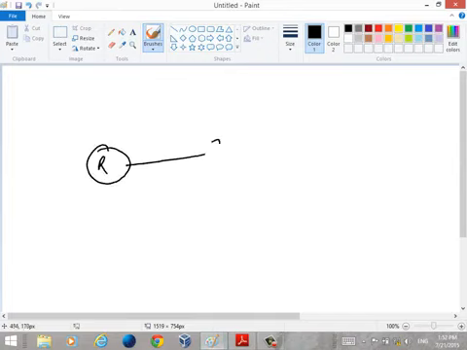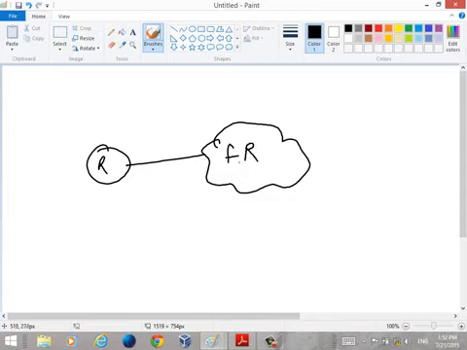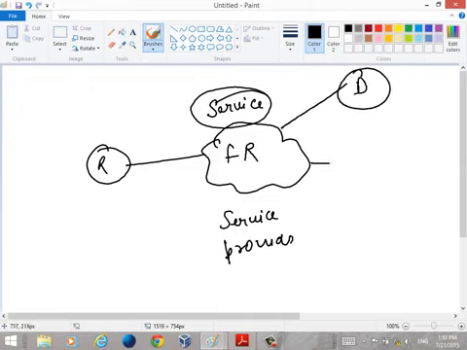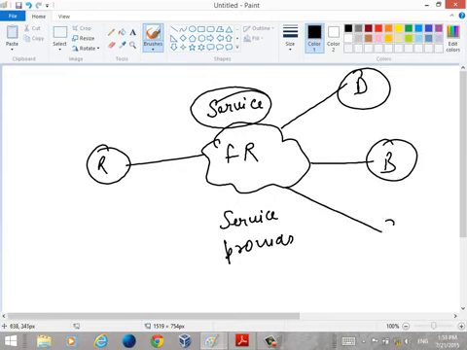Fine. Now, what benefit has frame relay provided me? Just think this is frame relay. Frame relay is actually a service that you are getting from the service provider. Like you have sites, one in Delhi, one in Bangalore, another in Chennai, and this is Gurgaon.